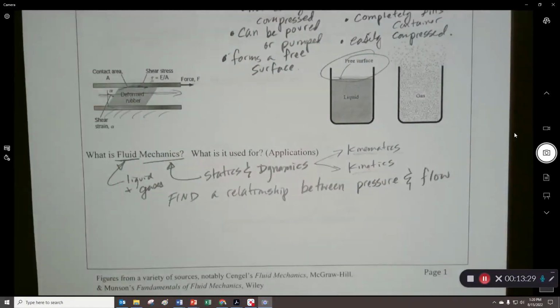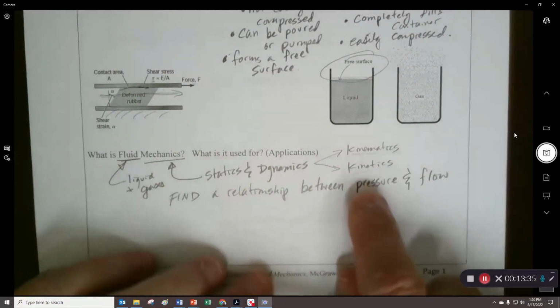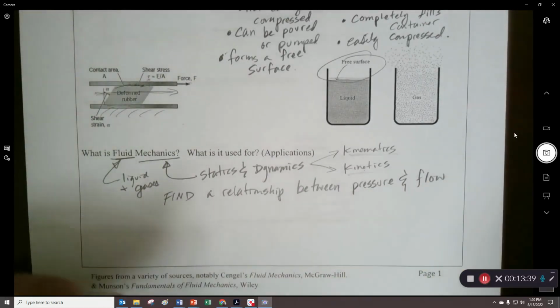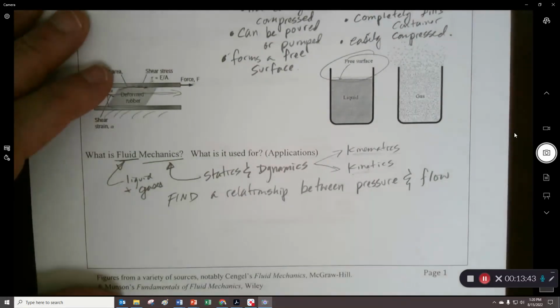If we have the velocity times the area, that's actually the volume flow rate. So if we can find a relationship between pressure and flow, we can find out a lot of what we need to do with fluid mechanics.